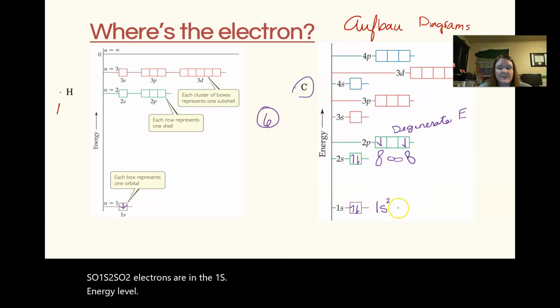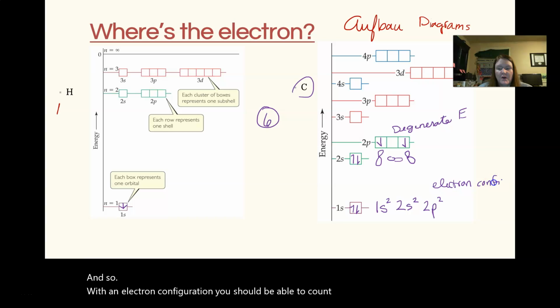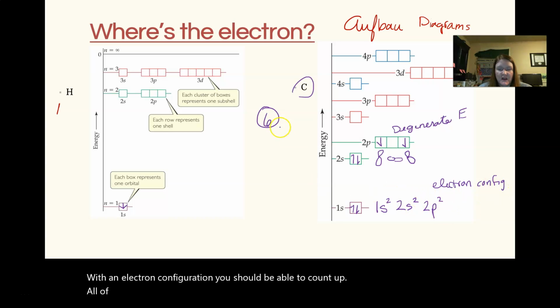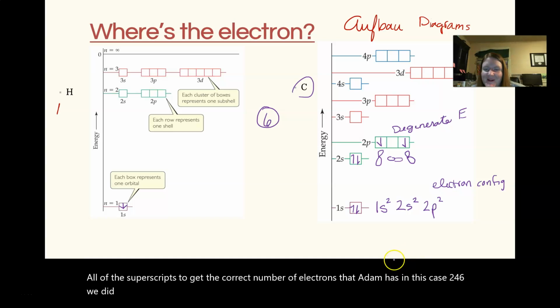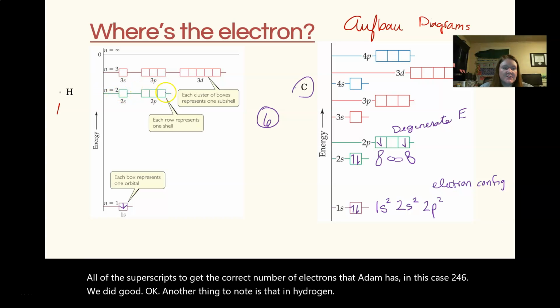And then we have 2 electrons in the 2s. And then we have 2 electrons in the 2p. With an electron configuration, you should be able to count up all of the superscripts to get the correct number of electrons that that atom has. In this case, 2, 4, 6. We did good.